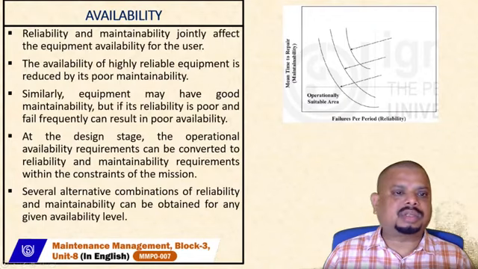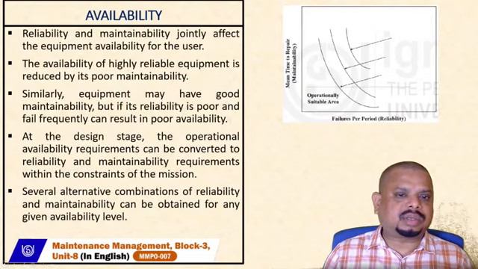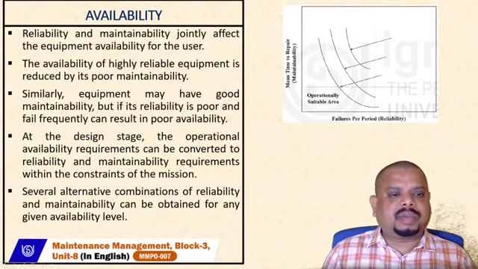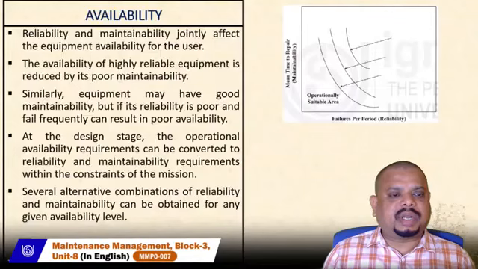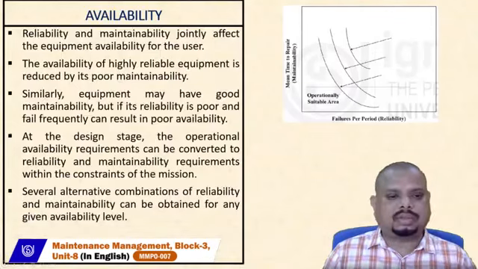This is the most important concept applied under RAM, that means reliability, availability, and maintainability. For example, similar equipment may have poor maintainability, but if it is not reliable and fails frequently, it can result in poor availability.